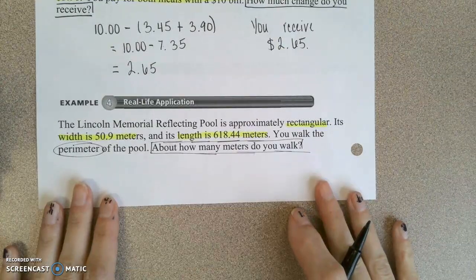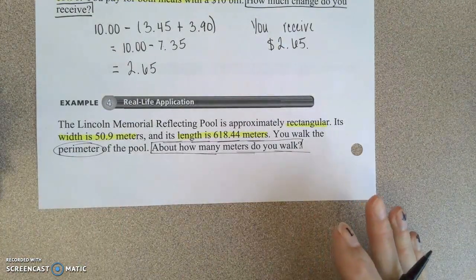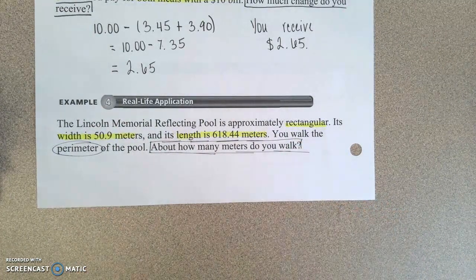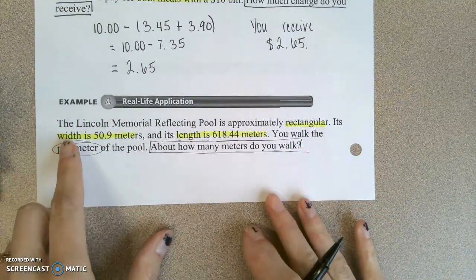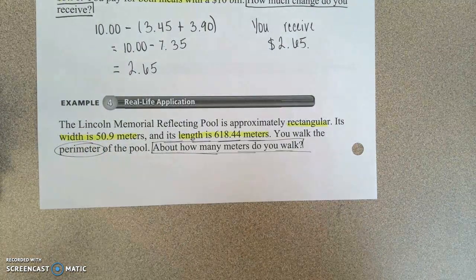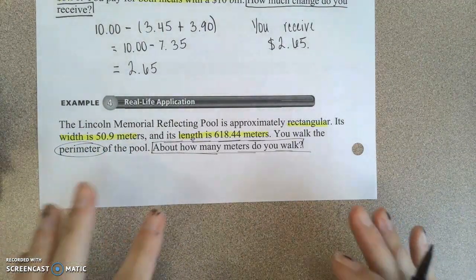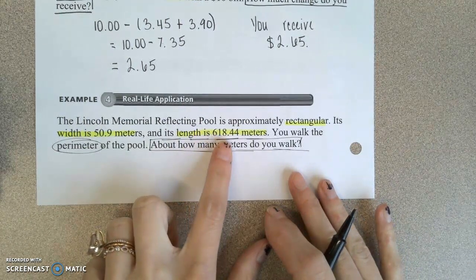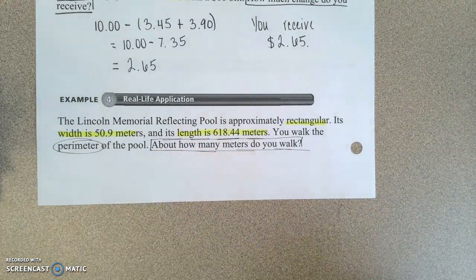All right, the last problem here says the Lincoln Memorial reflecting pool is approximately rectangular. I marked that as important because if it's rectangular, we know if the width is 50 9/10 meters, that's two sides that are 50 9/10. And if the length is 618 4/400 meters, that's two sides that are that long.